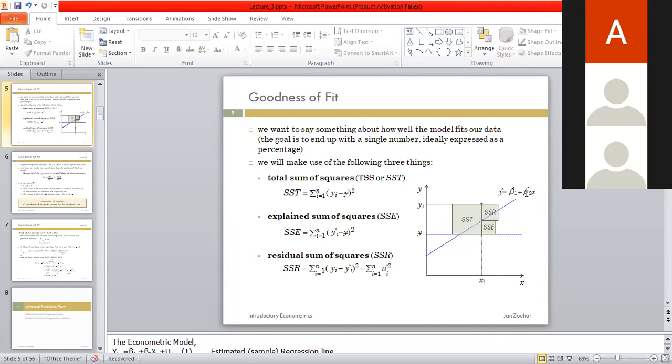If I ask you to draw a Y bar, you know what Y bar is? Y bar? The mean. What type of mean? Remember, there are two types of means. Conditional. Is it population mean or sample mean?